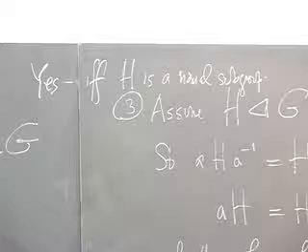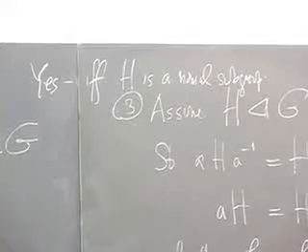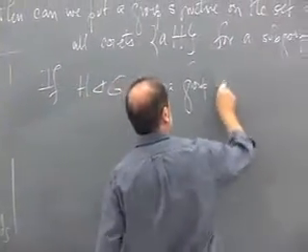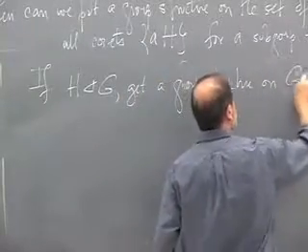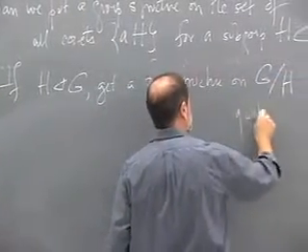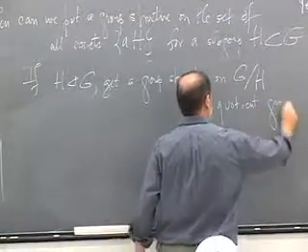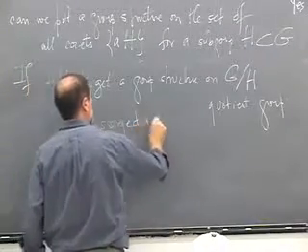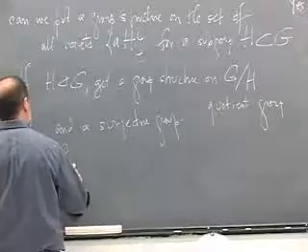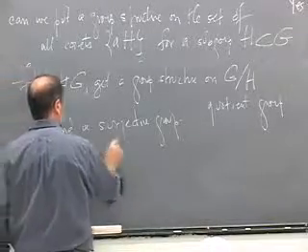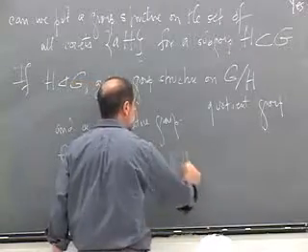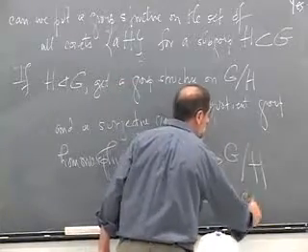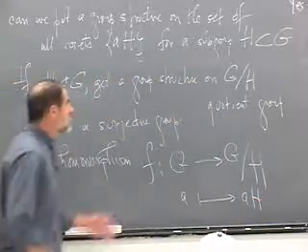Because we have not only a group structure on the set of cosets, we get a natural homomorphism. So, if H is normal in G, we get a group structure on G mod H, the quotient group, and a surjective group homomorphism F from G to G mod H that takes the element A into its coset.